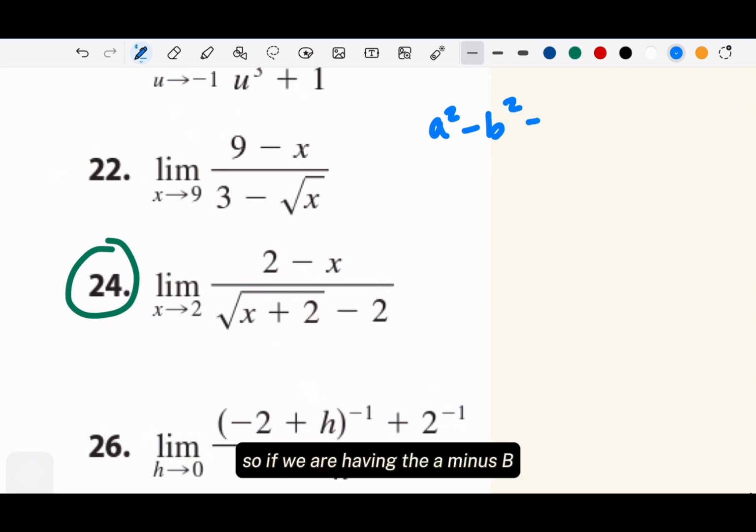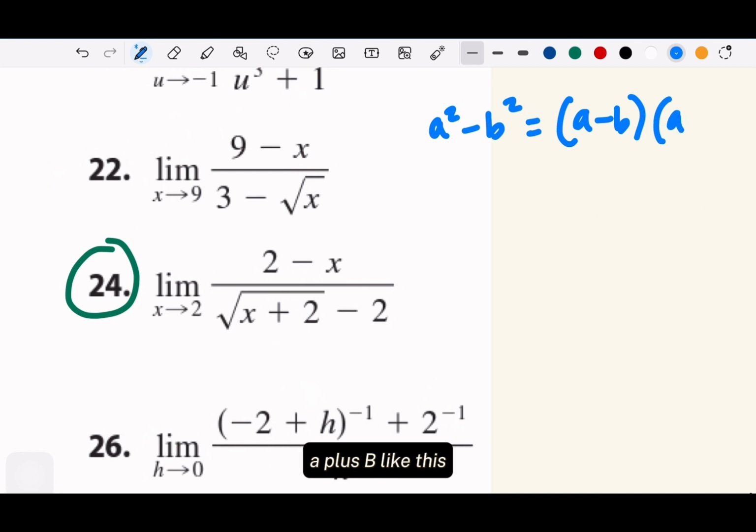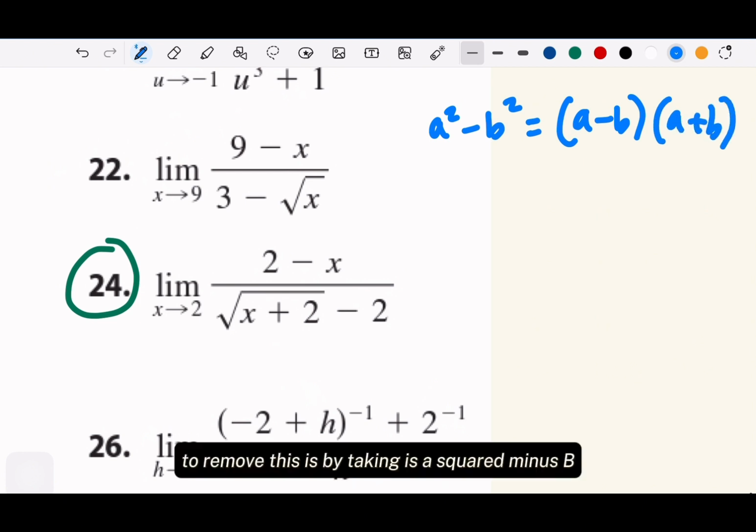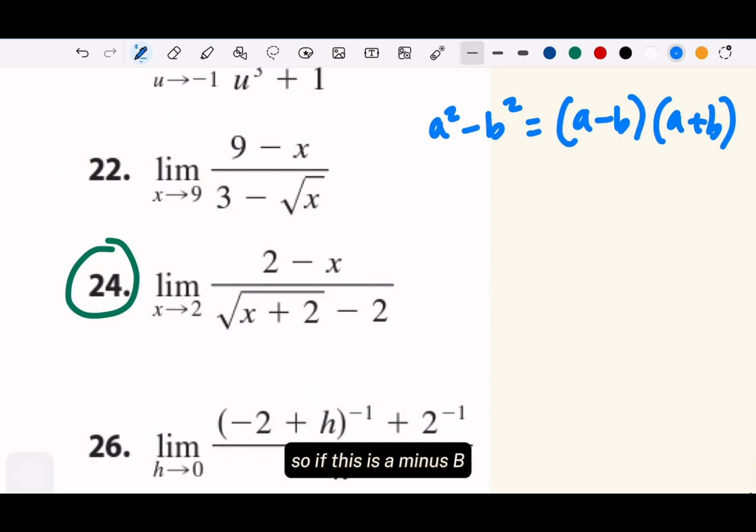If we have a minus b, we multiply by a plus b, giving a squared minus b squared. So if we have something a minus something b here, then we need to multiply with that.